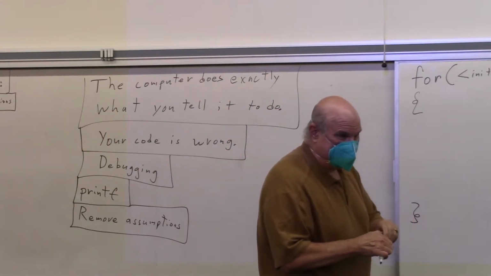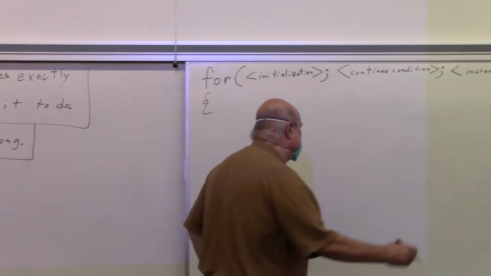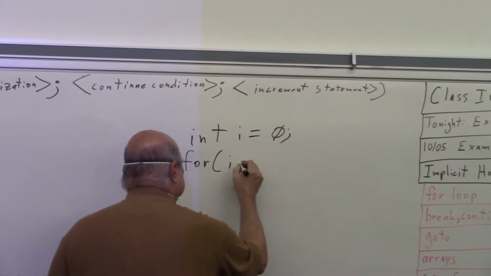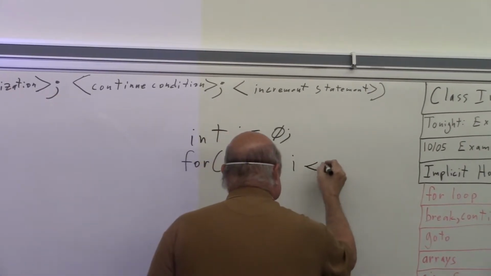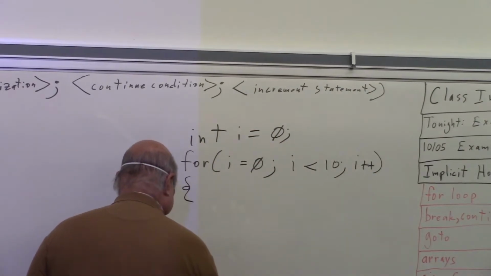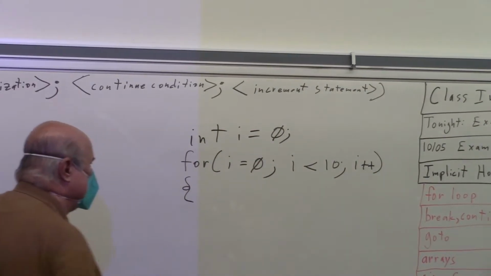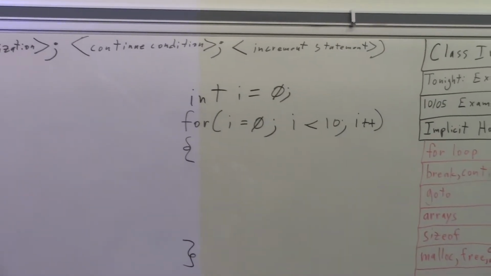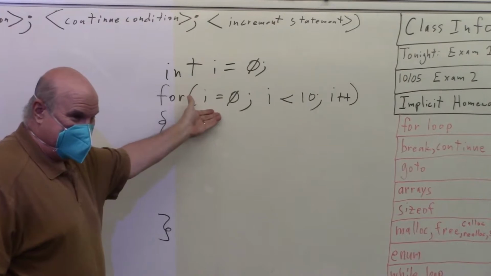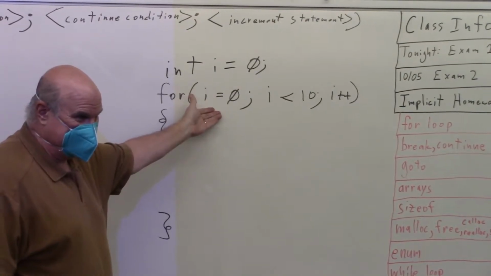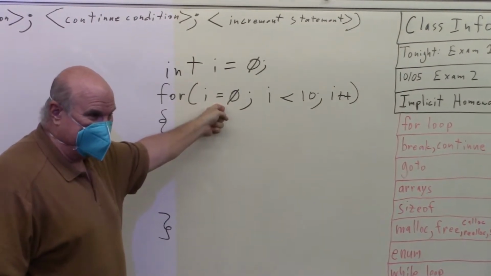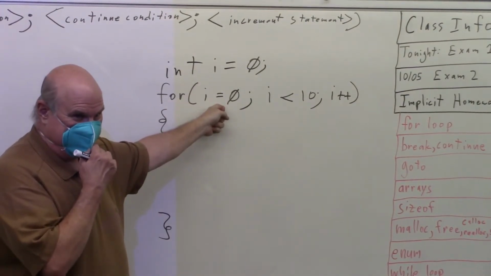So let me give you the typical syntax. That will be your typical syntax of a for loop. You set I to some initial value, in this case 0. This statement is executed once and exactly once.